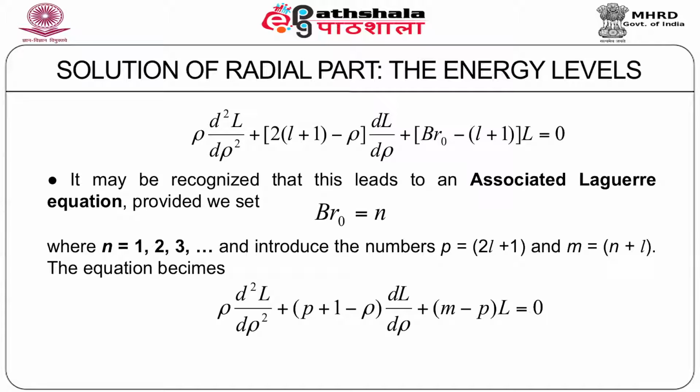The equation then becomes rho d squared L by d rho squared plus (p plus 1 minus rho) times dL by d rho plus (m minus p) times L equals 0.